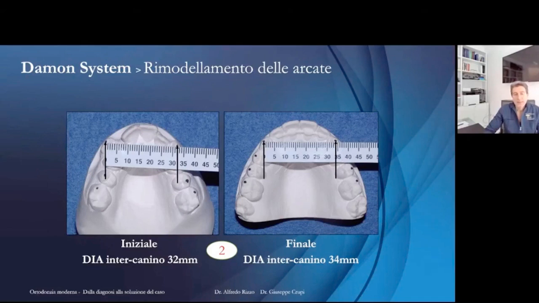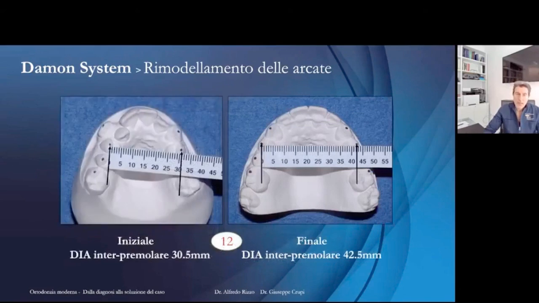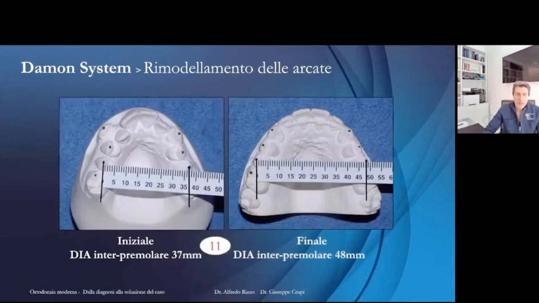But even when we have the correction of such strong crowding, we have seen only 2 millimeters of an increase in the intercanine space. In the distance from 4 to 4, from first premolar to first premolar, we have seen an increase of 12 millimeters.